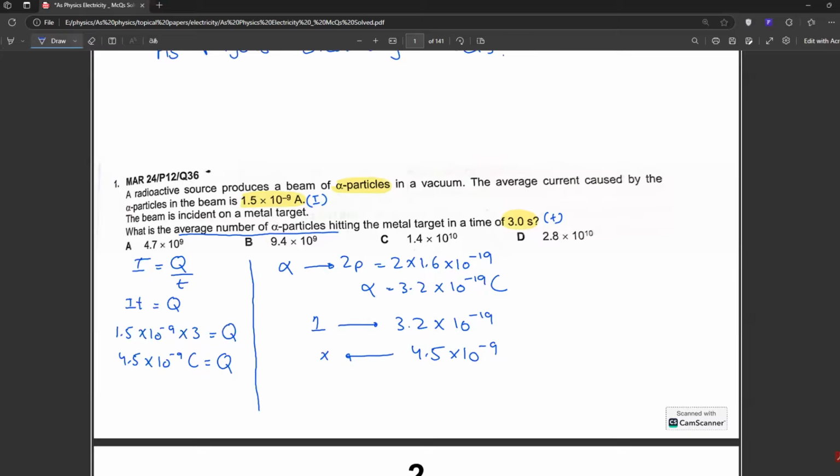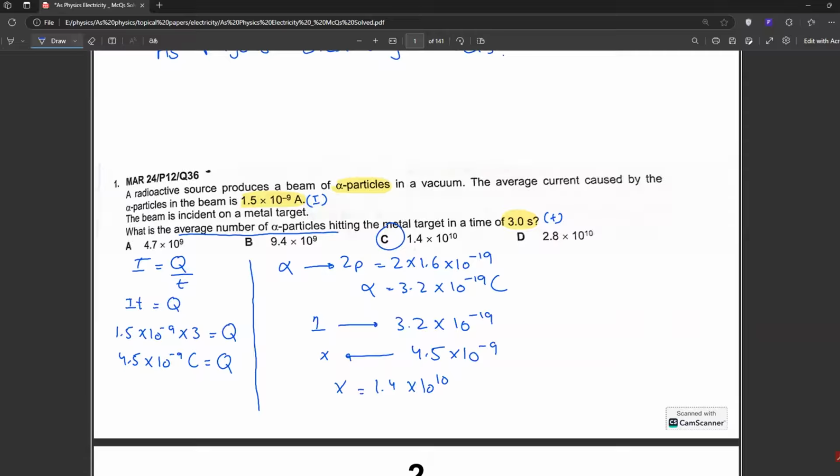Let's place an x here. 4.5 into 10 raised to the power of minus 9, divided by 3.2 into 10 raised to the power of minus 19. Your answer comes out to be that the number of alpha particles is 1.4 into 10 raised to the power of 10.